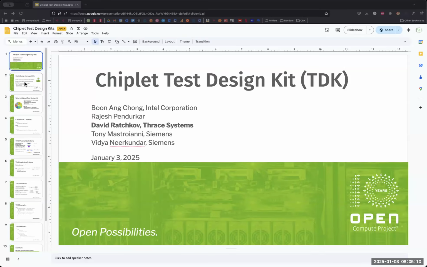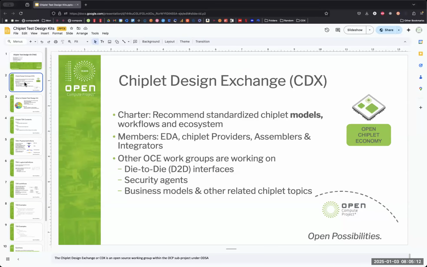First, I wanted to start with the obligatory introduction to CDX and really focus on our charter. We are chartered to work on standardizing chiplet models, workflows, and ecosystems.